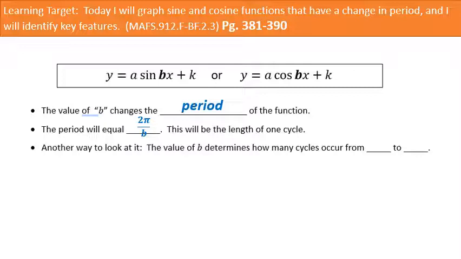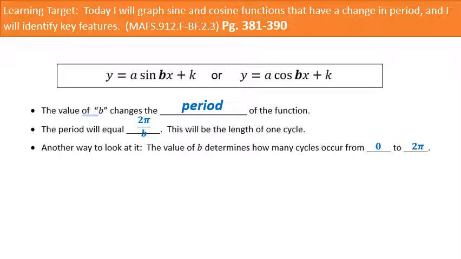Okay, so if you see b, if you take 2 pi and divide it by b, that's the length of one period. Another way to think about it is that b will tell you how many cycles will occur from 0 to 2 pi. All right, so 0 to 2 pi is kind of like one full rotation around the unit circle.